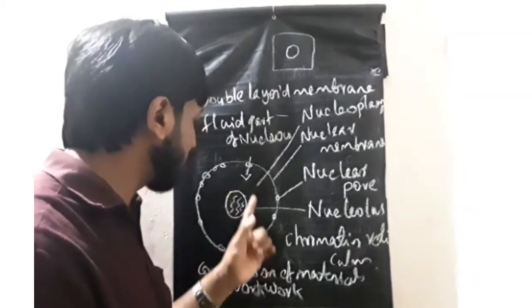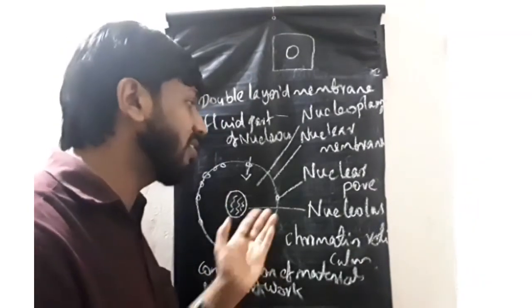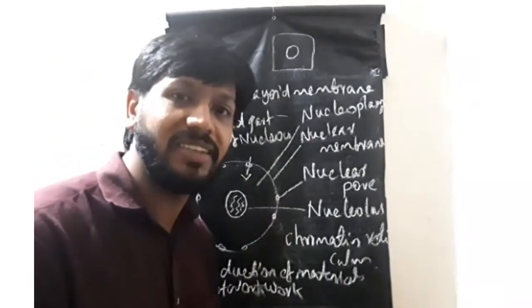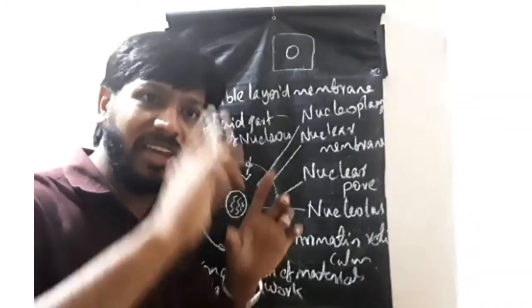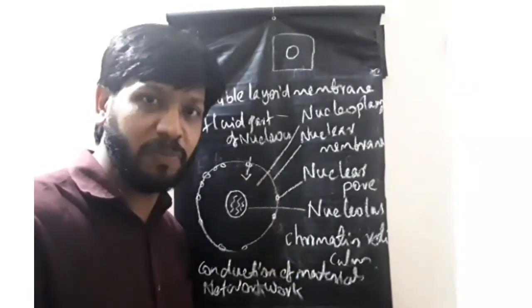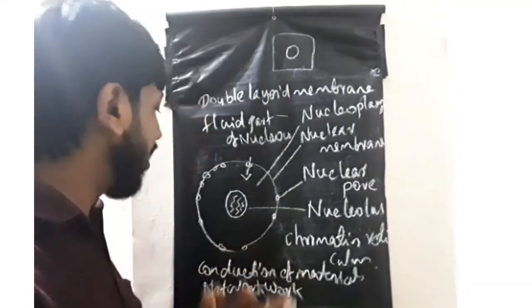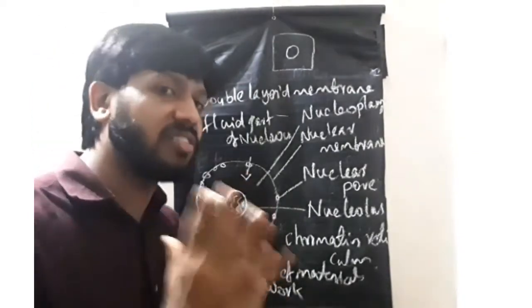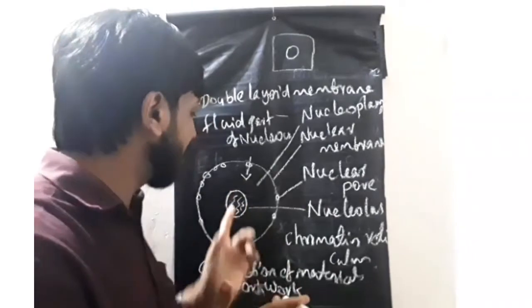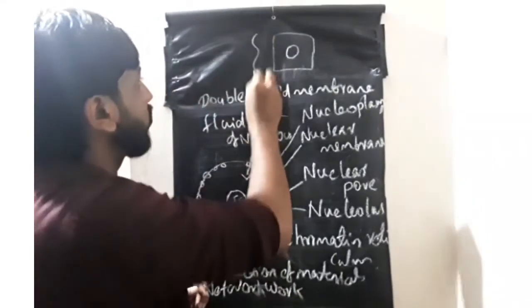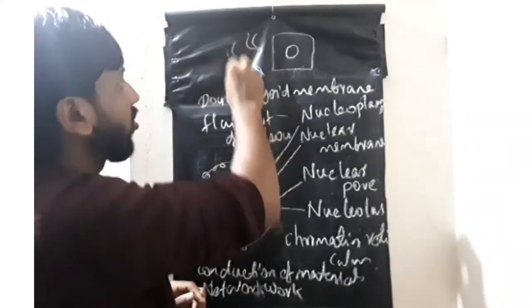Inside the nucleolus, chromatin reticulum is seen. What is chromatin reticulum? A network-like structure. That network-like structure is called the chromatin reticulum.